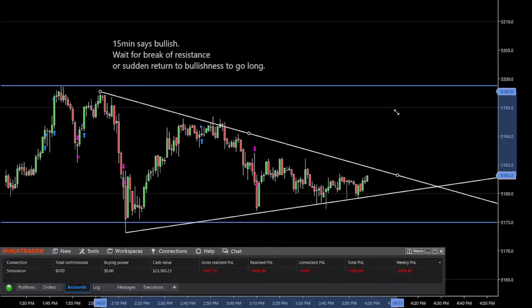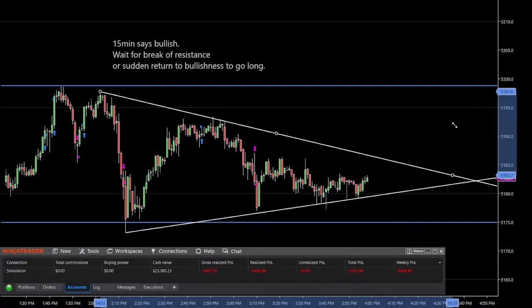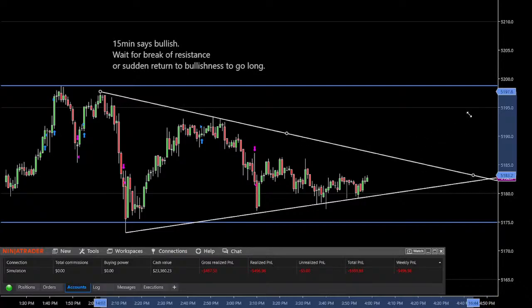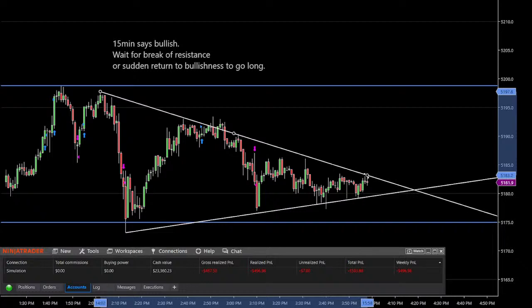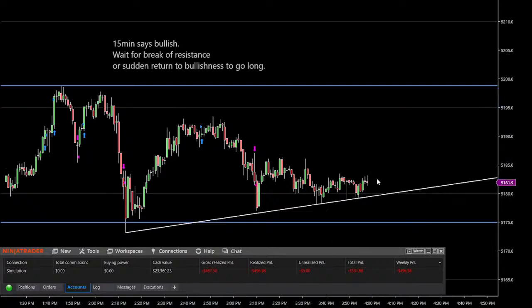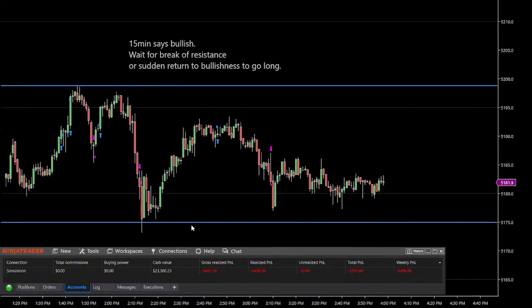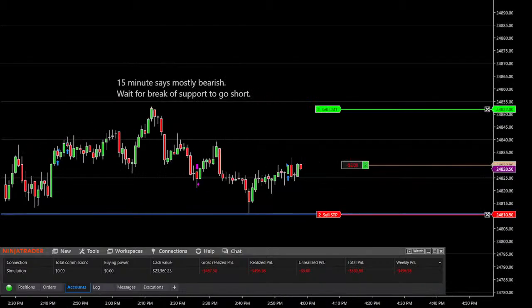All you've done is widen the shape of it. And I learned that from actual experience, that a break of a triangle does not necessarily mean a break of a triangle. It often is just broadening the width of that triangle.